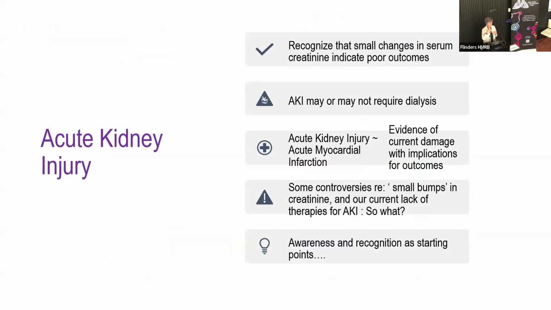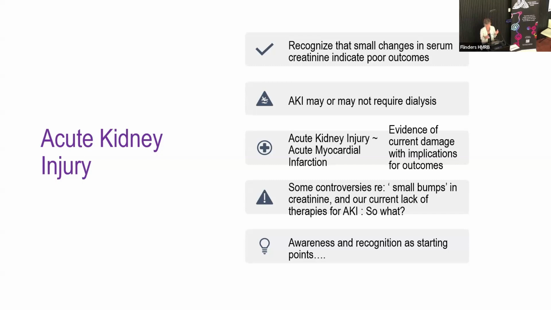So we now know that very small changes in creatinine actually lead to poor outcomes. It doesn't always require dialysis. And acute renal failure made it sound like you needed dialysis, and that was the only way you had a really bad kidney injury. And so again, my analogy of acute kidney injury is the same as an acute heart attack. You have evidence of damage, and now you need to know what to do.